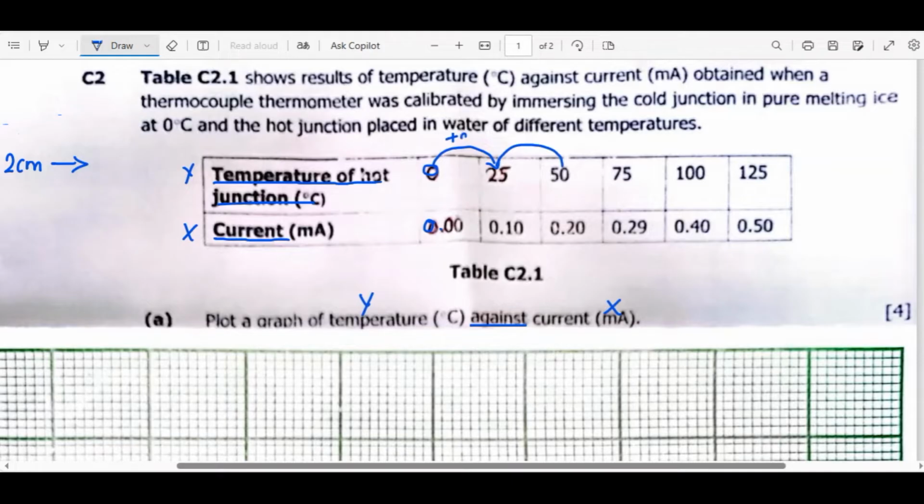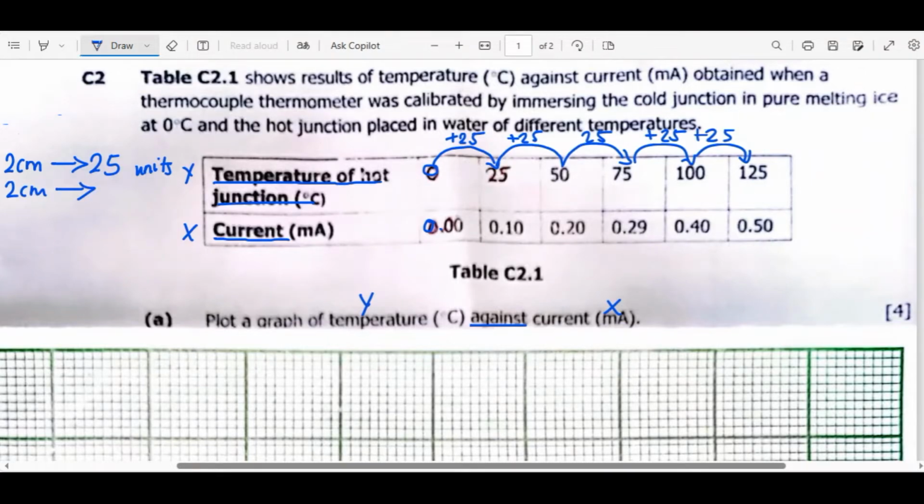Here they added 25, here they added 25, here 25, here 25. So we are going to say 2 centimeters represents 25 on the y-axis. Right, we move on to the x-axis.